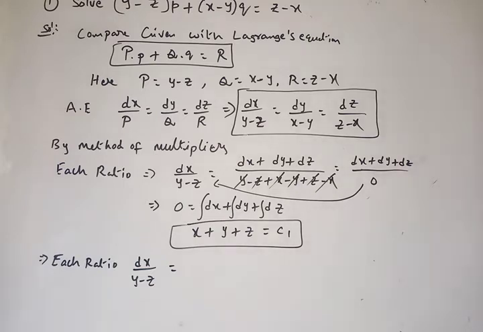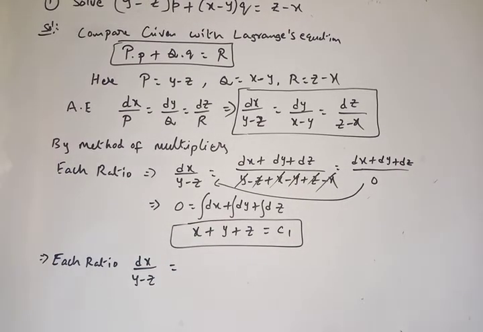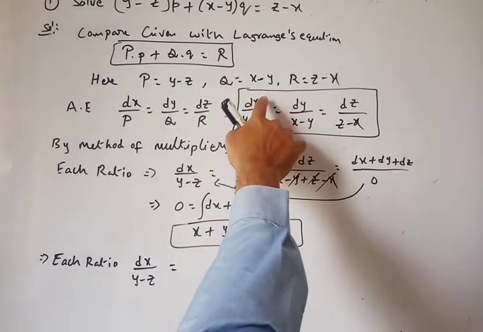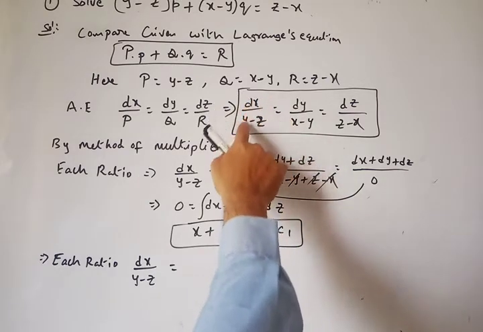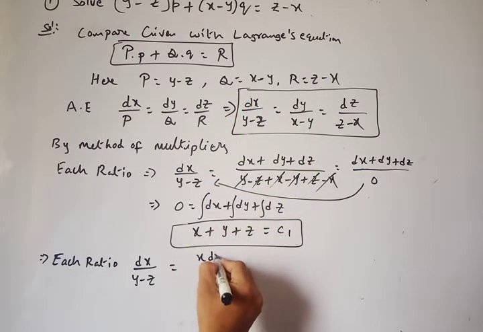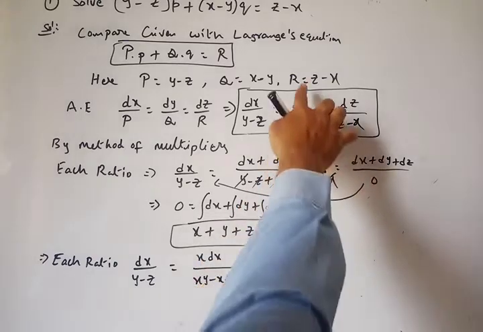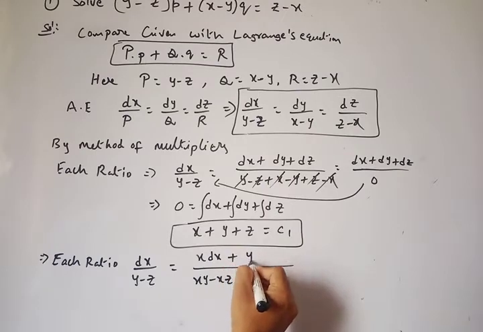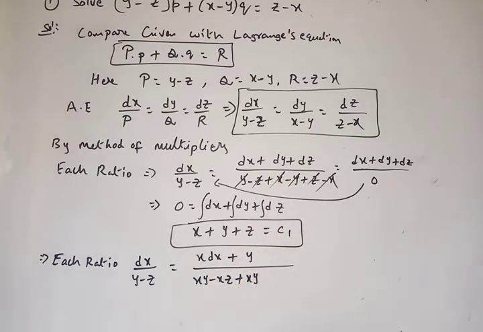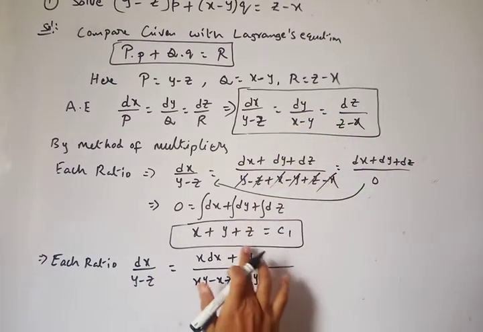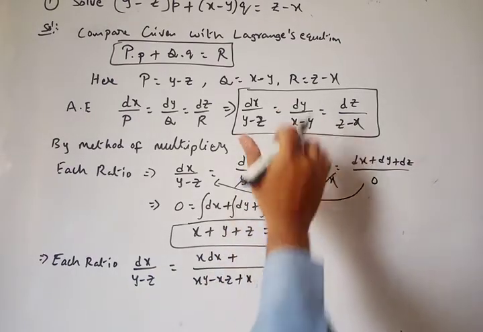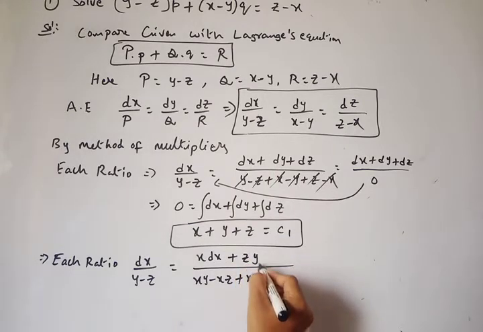Each ratio dx by y minus z, I am multiplying and dividing the first ratio by x, that means x dx by xy minus xz. Then the second ratio I am multiplying and dividing by z, so z dy, xz minus yz.